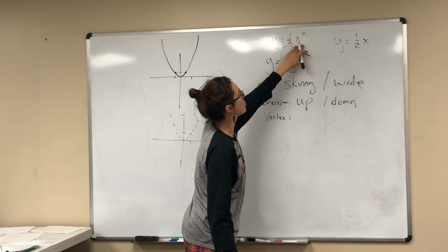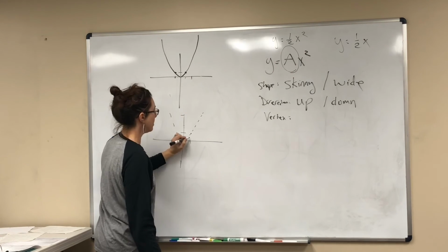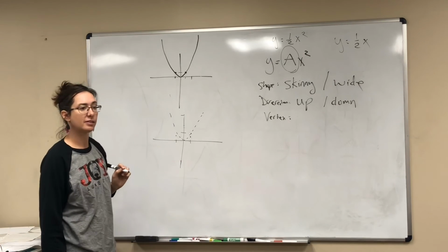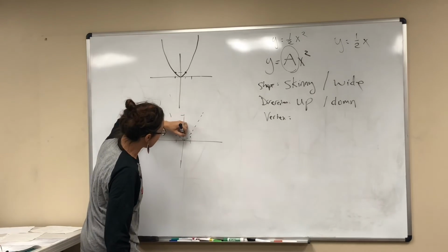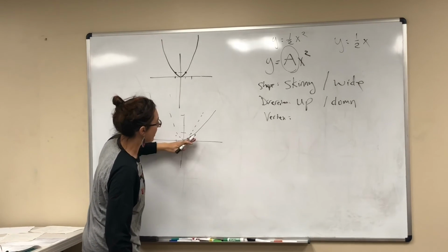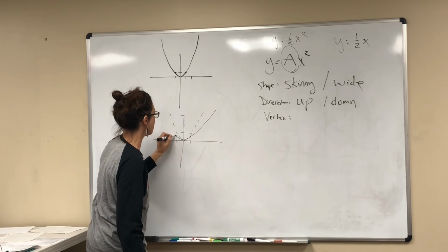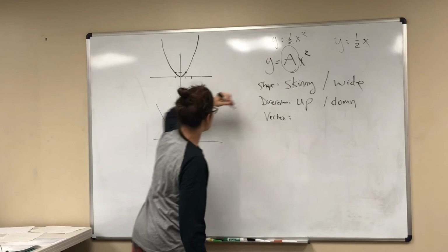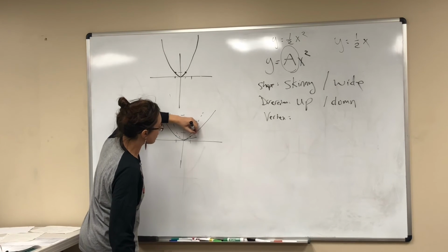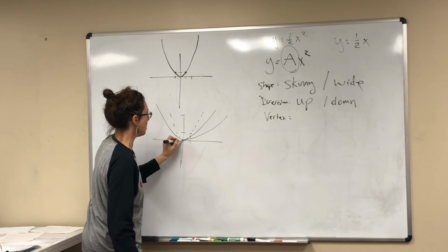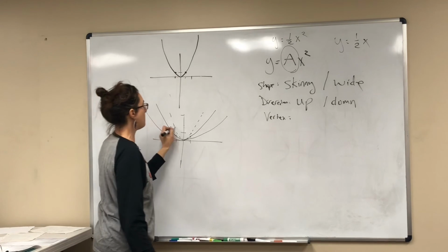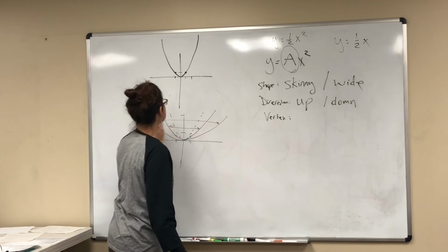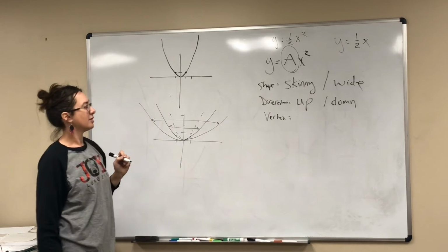Now when x is 1, y is 1/2, right? So now my curvature is shallower. So the more this goes down, my curvature is going to be more and more shallow. So what's happening to the width of my parabola? It's becoming wider. It's getting wider.